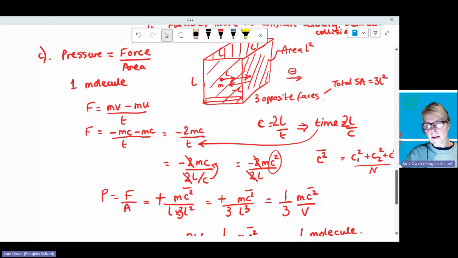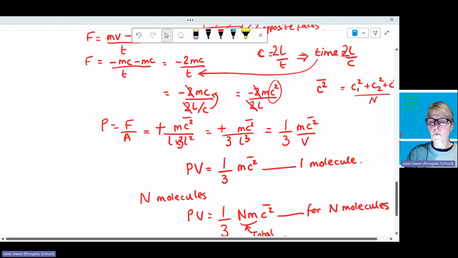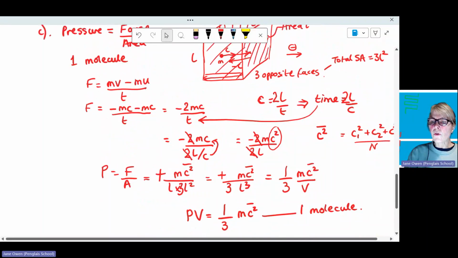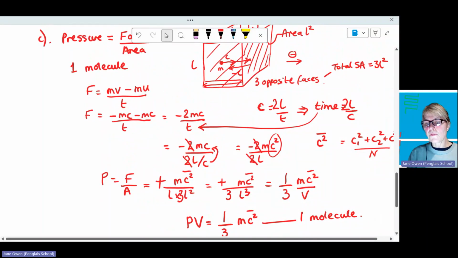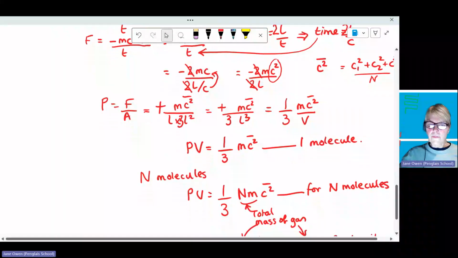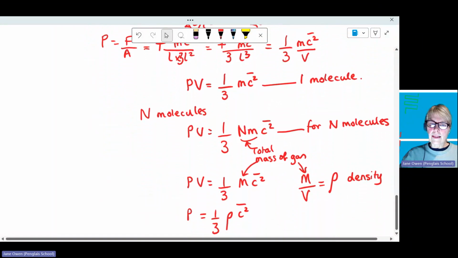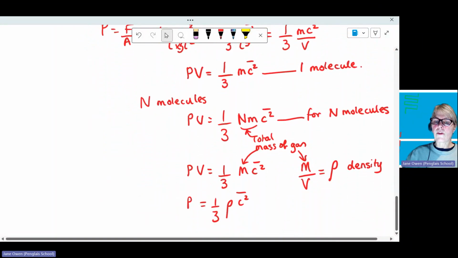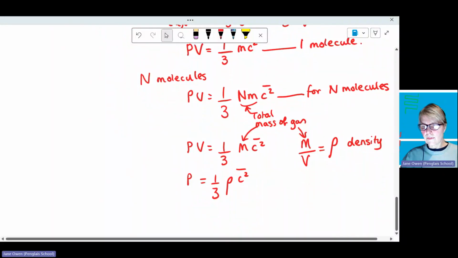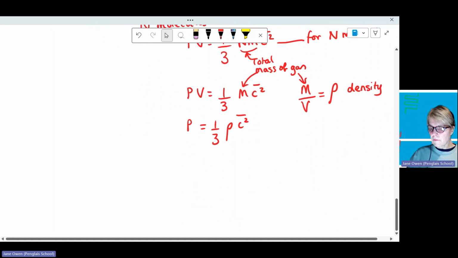So the area that it bombards is 3 times L squared, and that's where the 3 appears in the equation. And the 2 disappears because you've got twice the length. And then it's substituting for pressure equals force divided by area, and then rearranging it and realizing that density is the total mass of the gas divided by the volume. And then you get a really neat little equation.